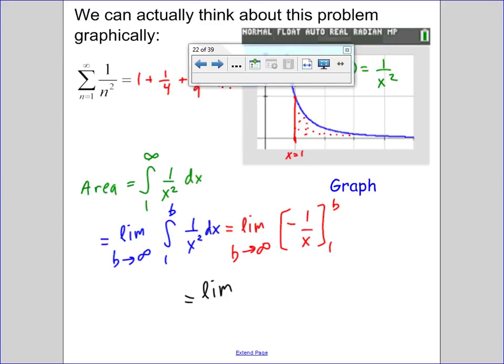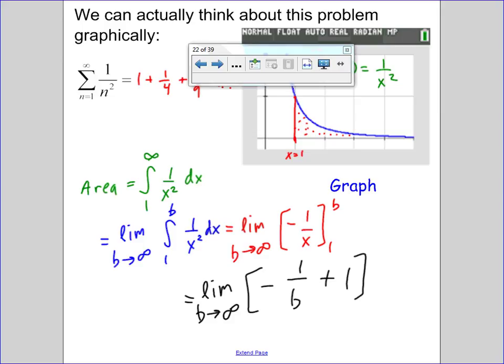This, in turn, is given by the limit as b goes to infinity of evaluate my antiderivative at the upper minus evaluate at the lower. So this becomes negative 1 over b minus negative 1 over 1. Can we do that?